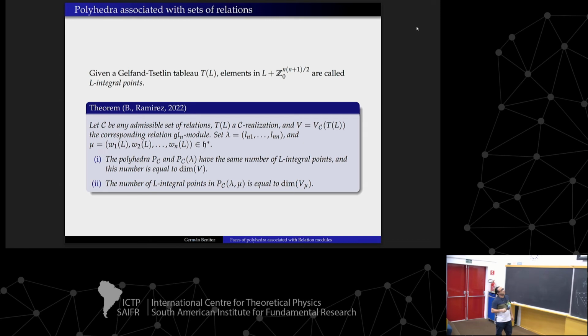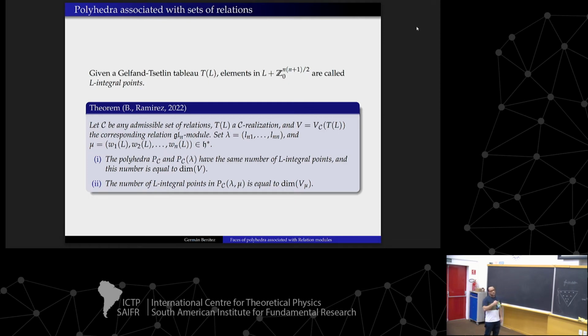If we consider a relation module, we denote by lambda the top of the Gelfand-Tsetlin tableau, and by mu the vector of weights. For the polyhedron P_C lambda, the number of L-integral points inside this polyhedron is equal to the dimension of the relation module. And for P_C lambda mu, the number of L-integral points inside this polyhedron is equal to the weight space V mu.